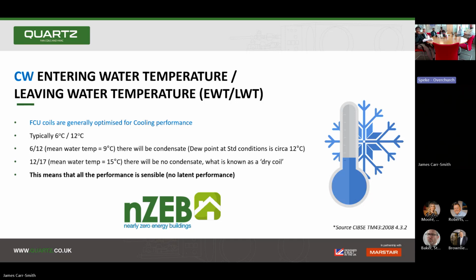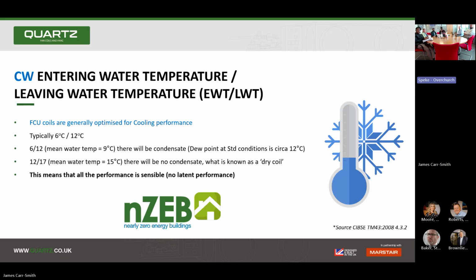I think nowadays 6 and 12 still seems to be the main runner, and that purely is down to chiller manufacturers have obviously got the technology and the compressors and the performance to be able to deliver those more efficiently. As we've said before, dew point 12 degrees C, which is used on 6 and 12.